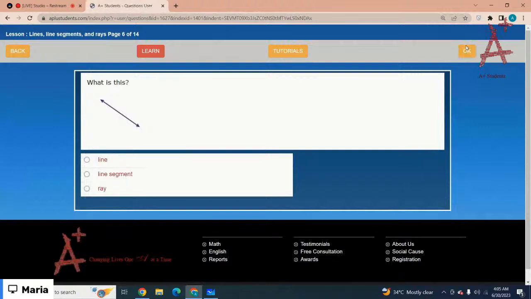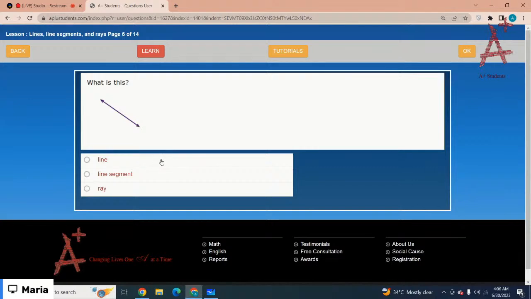What is this, line, segment, ray? Which is the correct option? Line.